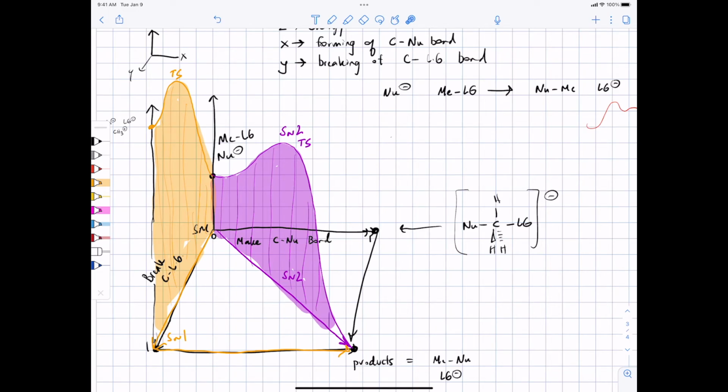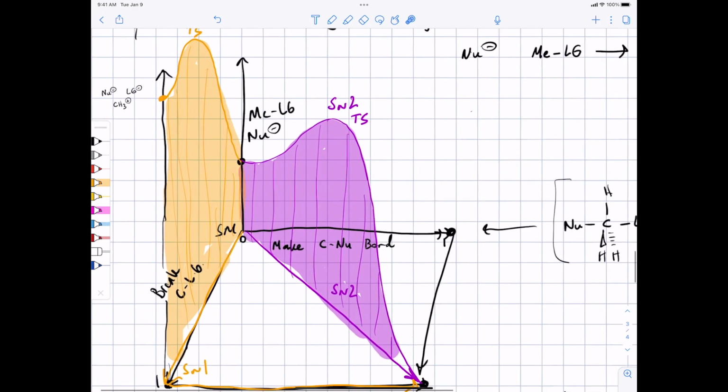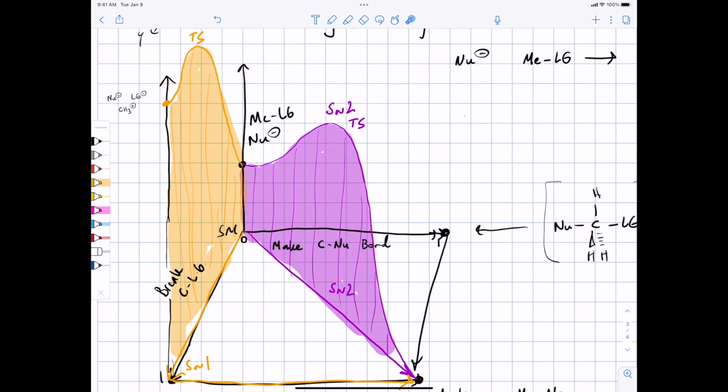Is that because you're going to a less stable product and the SN2 one just goes right into just one step? Right, one step, and then the intermediate here is a methyl carbocation. Well, methyl carbocations aren't ultra stable to begin with, so it's going to make sense that that's high energy. That's right.